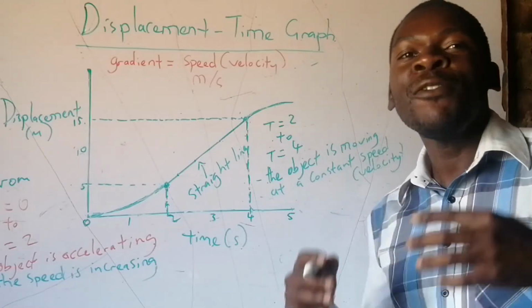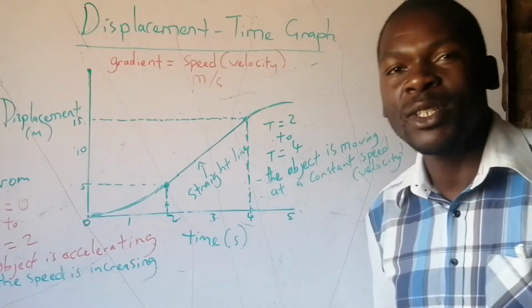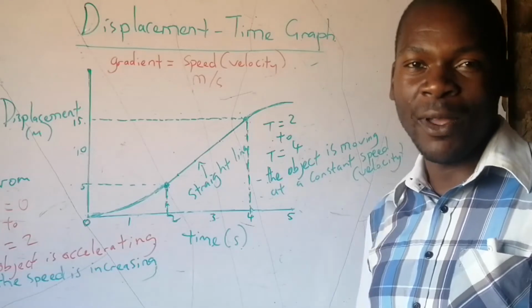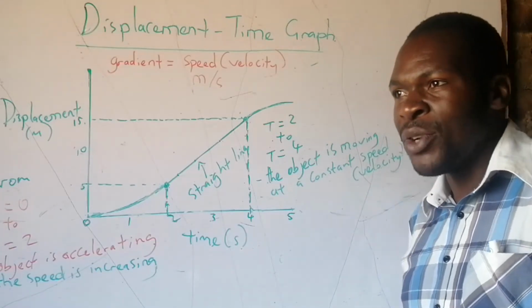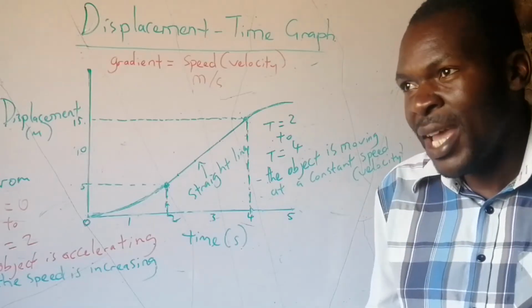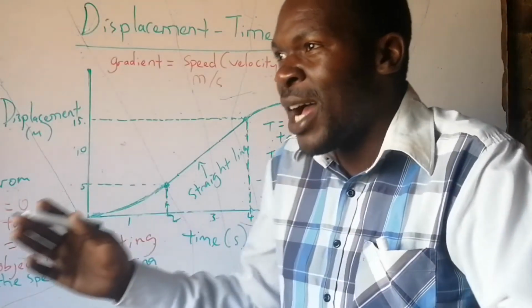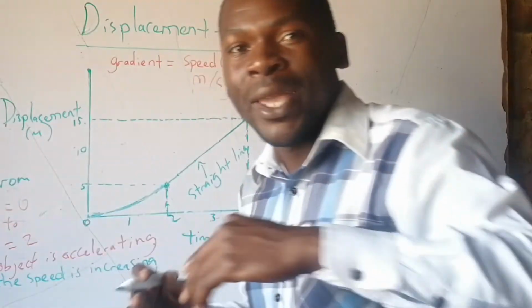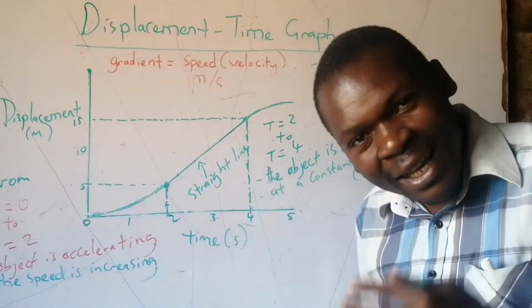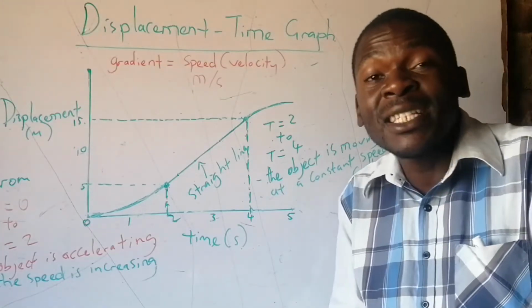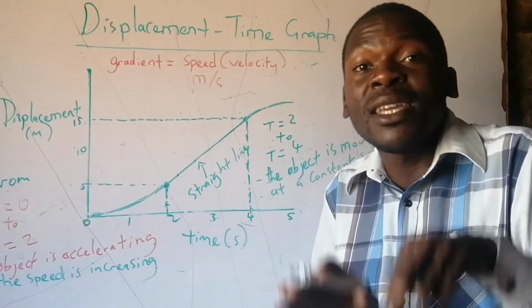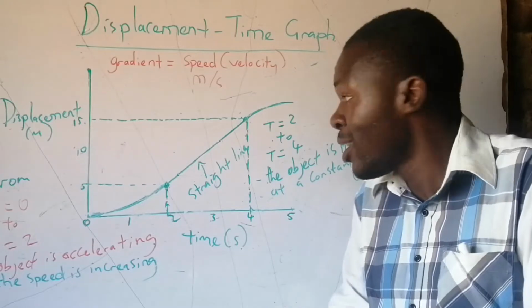For example, if a car is moving at a speed of 80 kilometers per hour, it means that it is not accelerating. But if the speed increases from 80 kilometers per hour to 85, to 95, to 100, to 120, we can see that the car is accelerating. So when the car is moving at a constant speed, it is not accelerating.